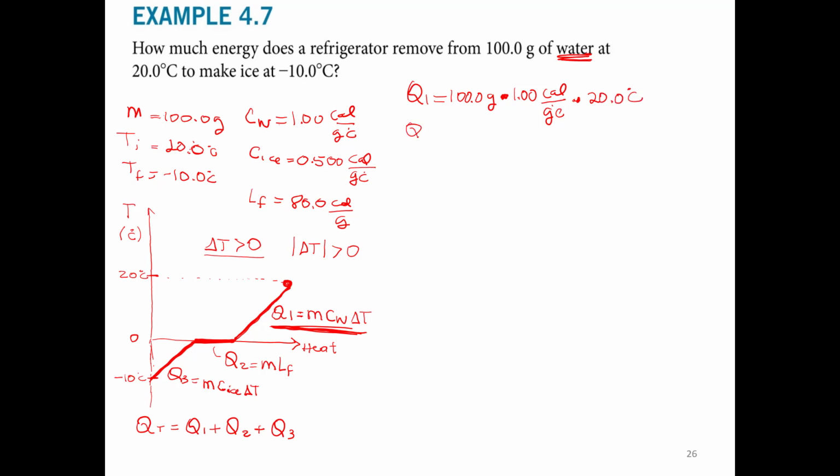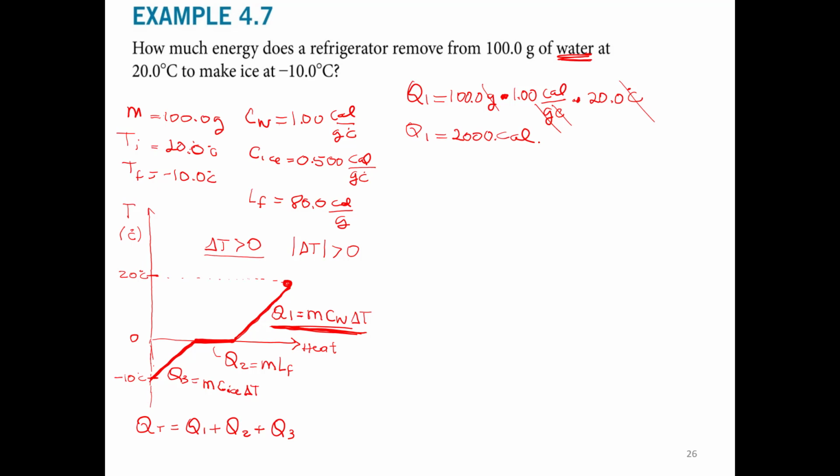If we calculate this value, we expect it in cal. Grams cancel out, degrees Celsius cancel out, and 100 multiplied by 20 is 2000 calories.